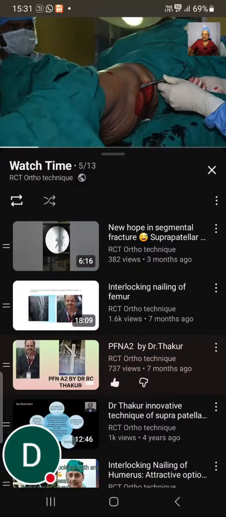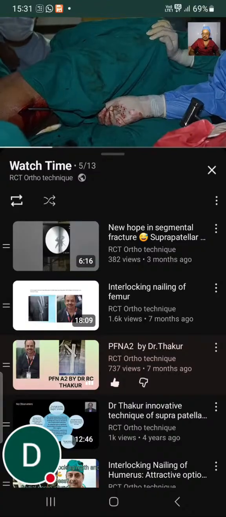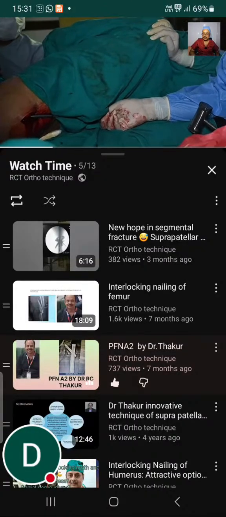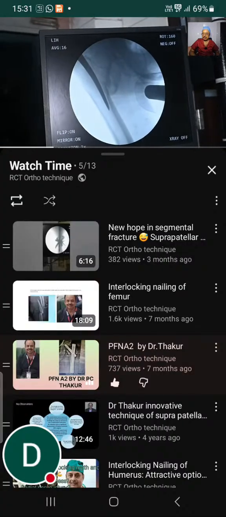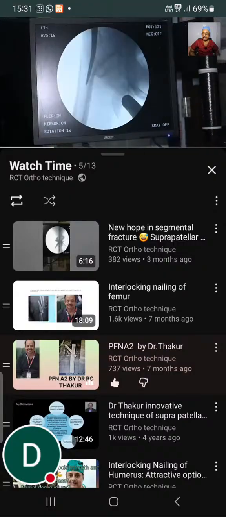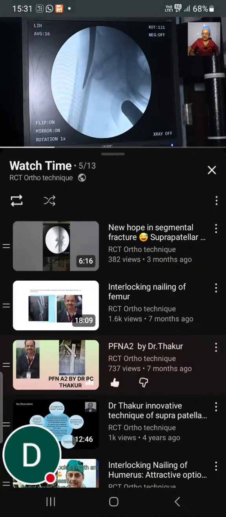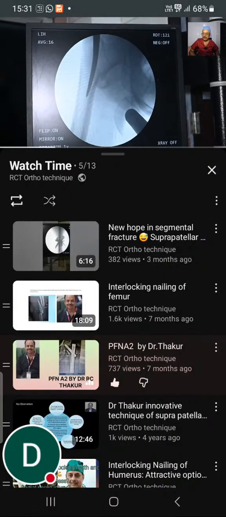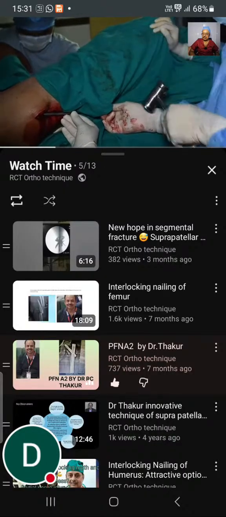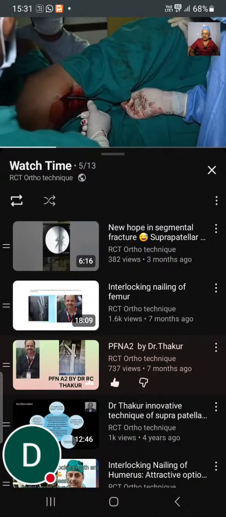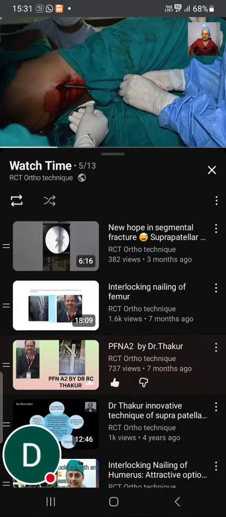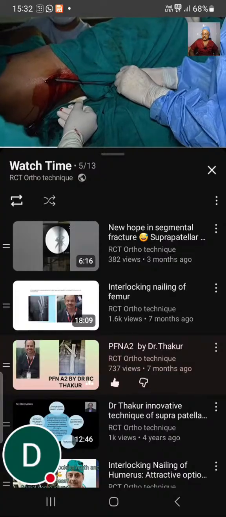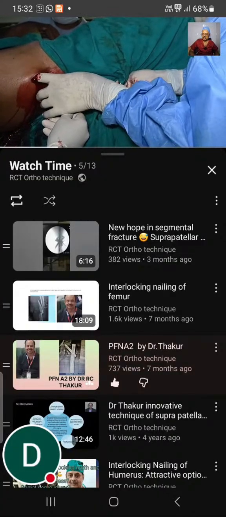and then proper selected position, and this is inside the intramedullary canal in correct position, going medially in AP view, and this is hammered in place inside the intramedullary canal in proper position, confirming in both AP and lateral view.